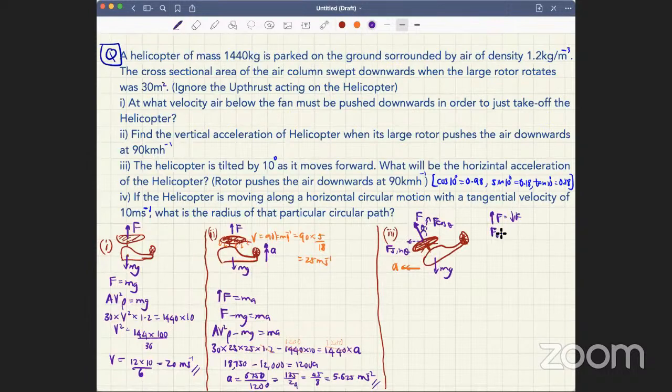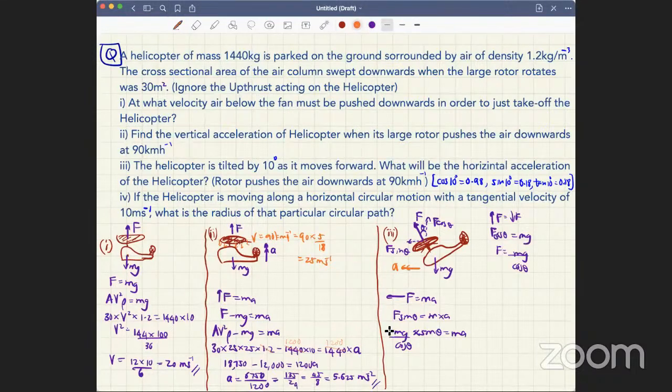The upward force is F cos theta, and the downward force is mg, which means F is equal to mg over cos theta. And now horizontally, when you apply F equals ma, the horizontal force is F sin theta, equal to ma. For F sin theta, we can put mg over cos theta into sin theta equals ma. Correct, people?